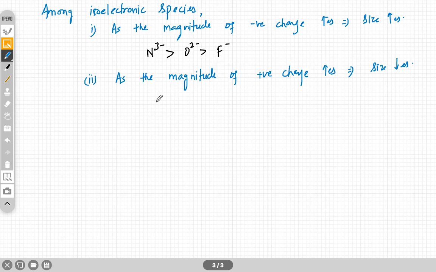So for example, if you have Na plus, then Mg2 plus and Al3 plus, the order of ionic size is this. Done?